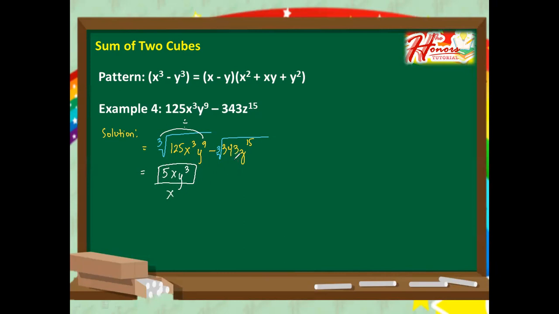And then for this, we have here the cube root of 343. That is equal to 7, because when 7 is raised to 3, the answer is 343. And then z raised to 15 divided by 3, so that is 5. And this will be the value of our y.